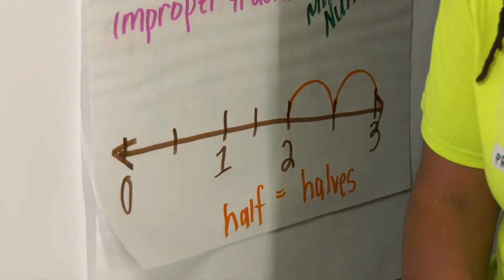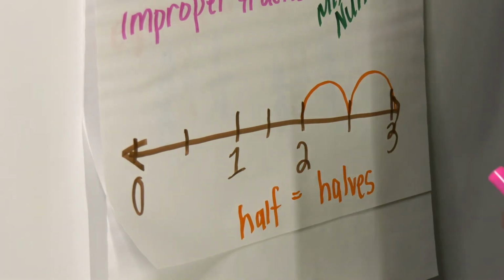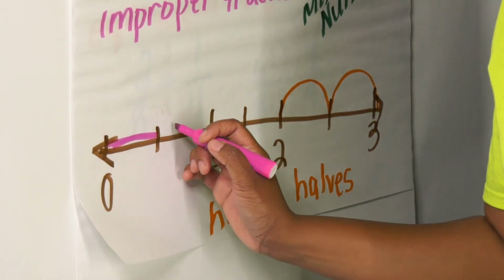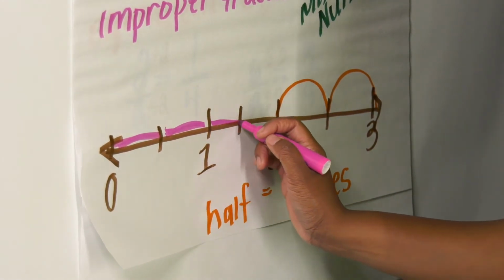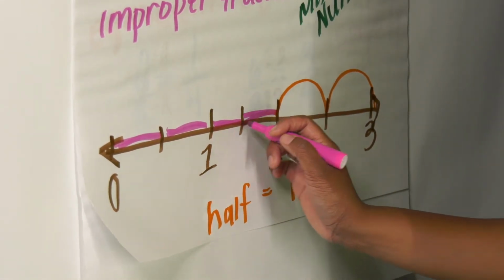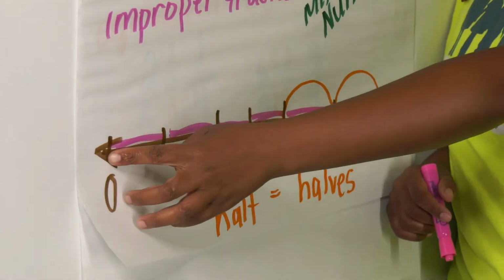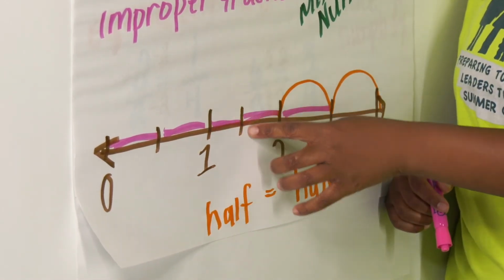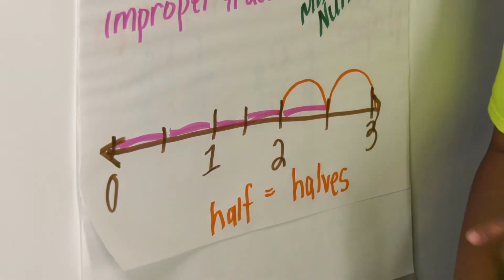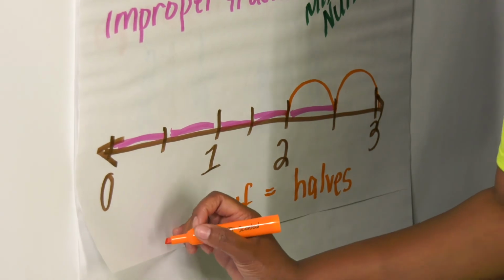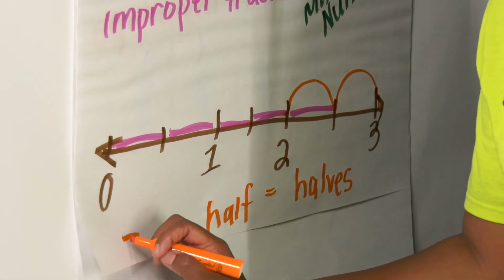Now let's say it was shaded like so. So we have 1, 2, 3, 4, 5. And let's go back to our halves. Remember, our halves has 2 as our denominator.